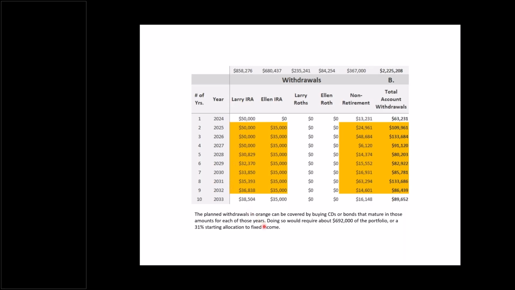Now, that's not necessarily an allocation that would get rebalanced to every year, but it gives them a starting point to say, okay, starting in 2025, you are going to have what we call a runway, these safe investments maturing each year. So if in 2025, your first full year of retirement, the stock market's down 25%, that's not going to impact this $109,000. These are going to be bonds that mature.